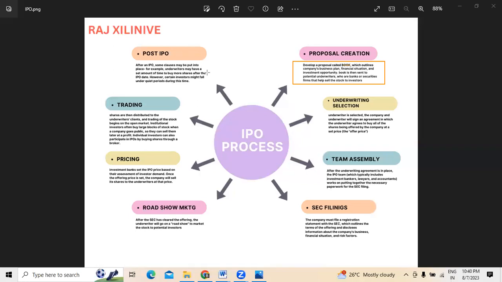So when you talk about proposal creation, as I told you, investment banking companies will work on their client's behalf. Whenever they are working on their client's behalf, first of all, they have to outline the company's business plan.